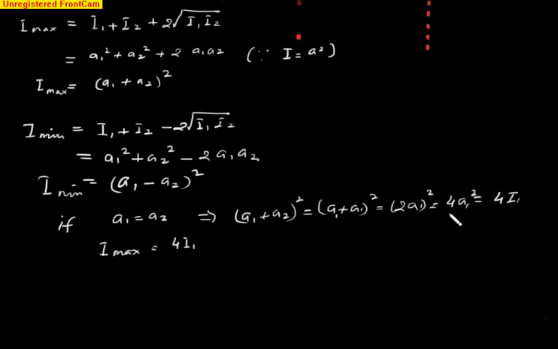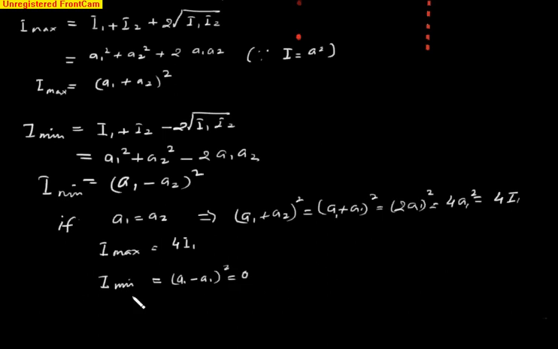Therefore I can write 4 times the intensity of either source, the intensity of light emitted by the coherent source of light. And what will be the minimum intensity? We can find I minimum will be equal to (A1 minus A1) whole square, which will be equal to 0.